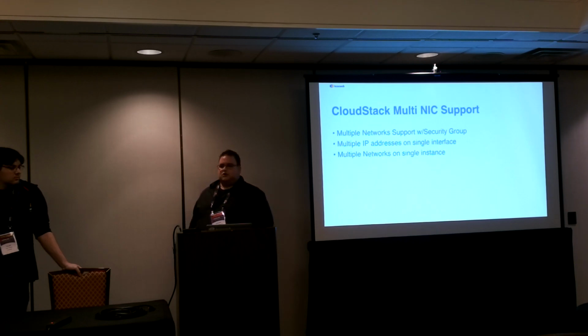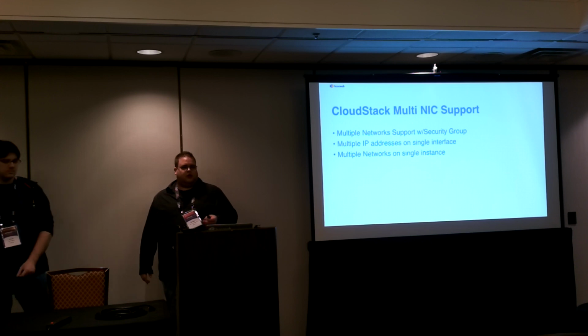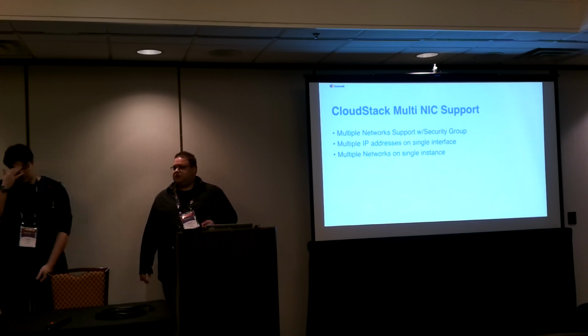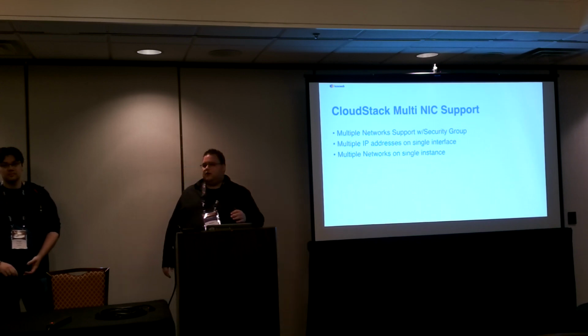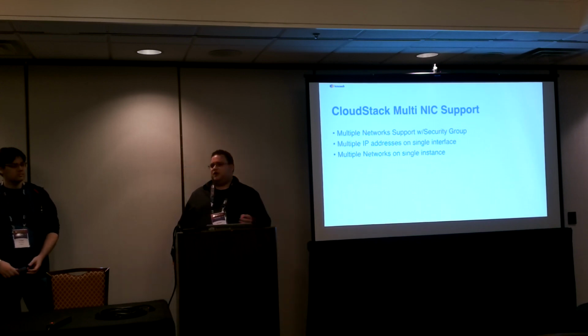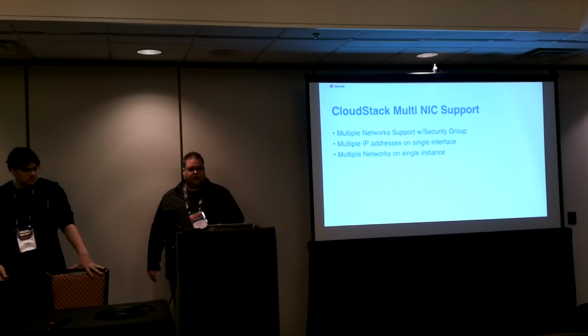An additional feature we built is the CloudStack multi-NIC support. We talked about this a little bit yesterday in our presentation. Because the instances we migrated had IP addresses from multiple networks, multiple VLANs, the multi-NIC support was built in with security groups.